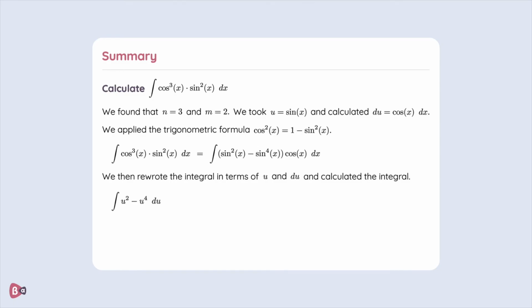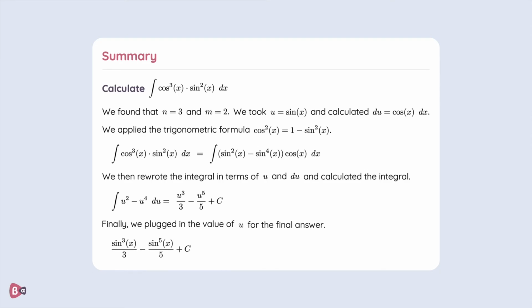This resulted in u to the power 3 divided by 3 minus u to the power 5 divided by 5 plus some constant c. The last step was to substitute the value u for sine of x to get the final answer. This results in sine of x to the power 3 divided by 3 minus the sine of x to the power 5 divided by 5 plus some constant c, which is the solution to our initial integral.